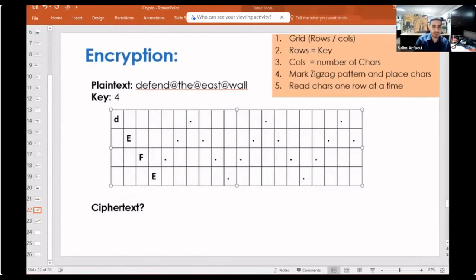E, and then N. Make sure you guys correct me if I forget a character or something. I usually do that. And then space, and then T, and then H, and then E. And then here we have a space. Okay, so that's east wall.